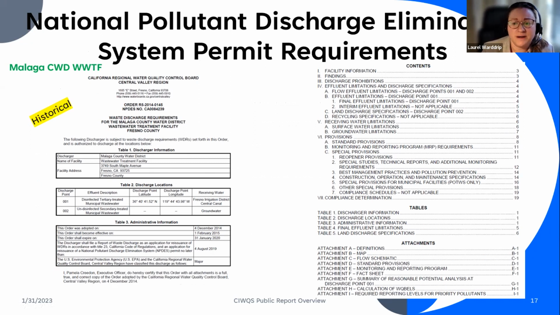You'll see that a lot of NPDES permits also are waste discharge requirements, so they have conditions for both. Very similar to the intent and purpose of the information in a waste discharge requirement, but it has some additional requirements in it that the facility has to comply with.